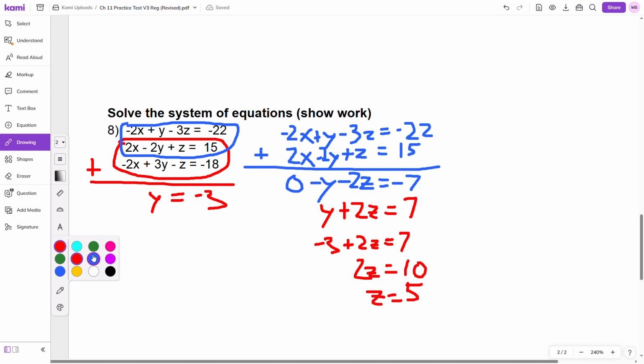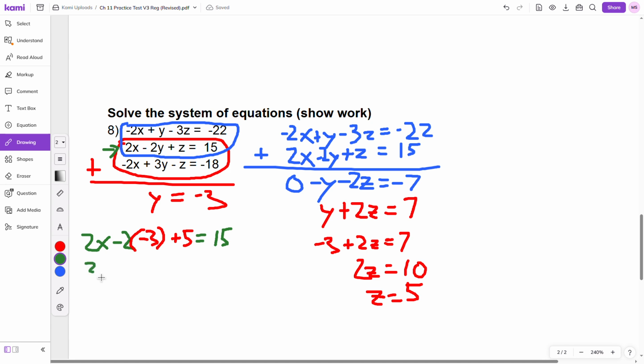I'm going to use the second equation, the one in the middle, because the x is positive, because I know I need to end up with x. So 2x minus 2, y we know is negative 3, plus z, well, we already know it's 5, so plus 5. And this equals 15.